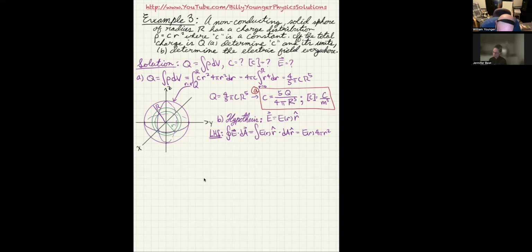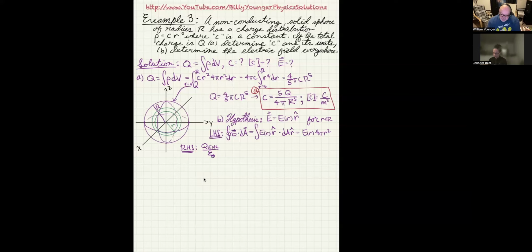Now I'm going to do the right-hand side, and we're talking about r less than big R. So our Gaussian surface is actually a sphere inside again, but the right-hand side is Q enclosed over epsilon naught.